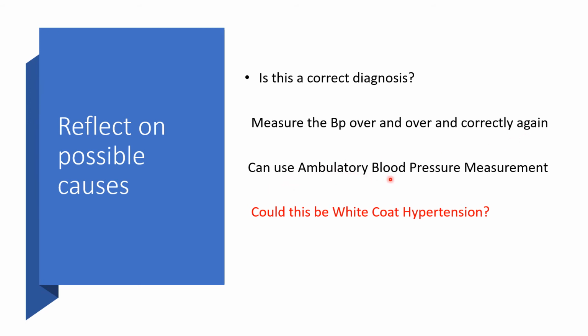Then we can use ambulatory blood pressure measurement. Could this be white coat hypertension? Yes. So if that is the case, let's send the patient back to have ambulatory blood pressure measurement and home blood pressure measurement.